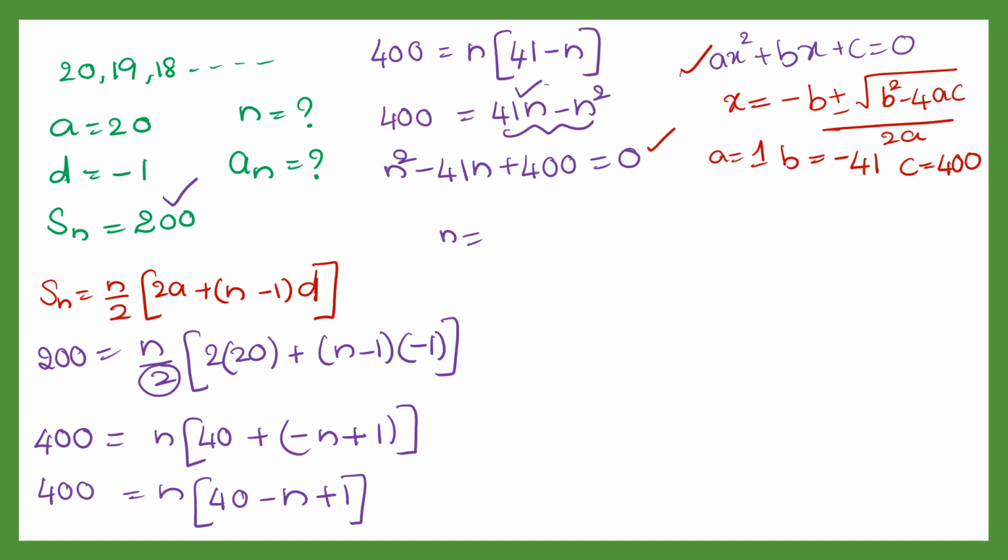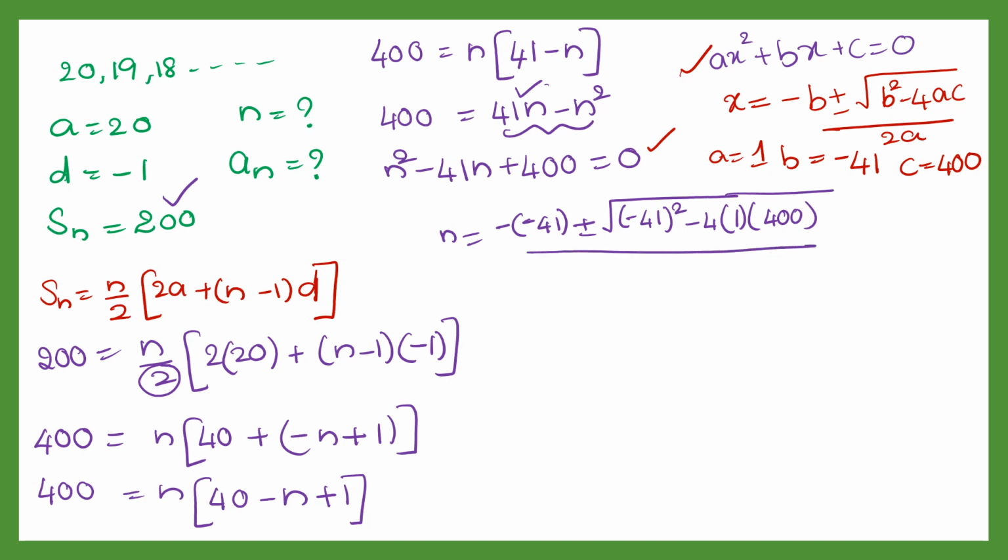So solving, we will get the value of n. n is equal to minus b, that means minus of minus 41, plus or minus root of b square, that means minus 41 whole square minus 4 into a is 1, c is 400, by 2 into a is 1. Minus into minus is plus, so plus 41 plus or minus root of 41 square, 41 into 41.